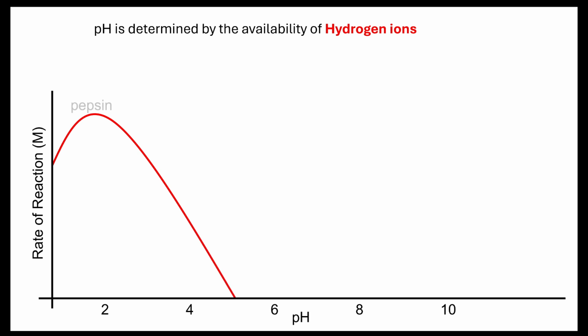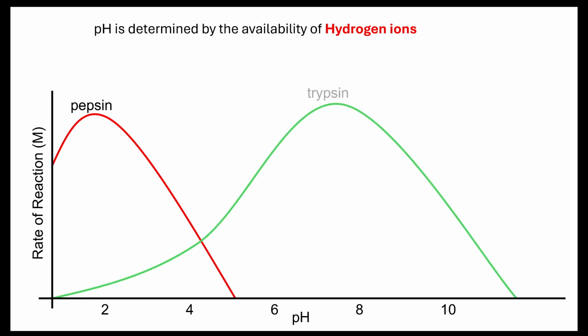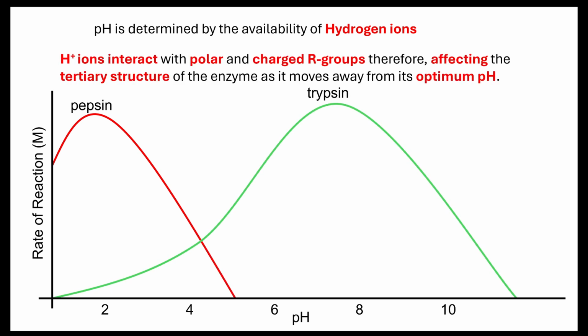Different enzymes are going to have different optimums, and we know that hydrogen ions interact with the polar and charged R groups. Because they interact with these polar and charged R groups, they're going to affect the tertiary structure of the enzyme. Remember, the tertiary structure needs to be specific so that the active site is able to form the bonds with the substrate.